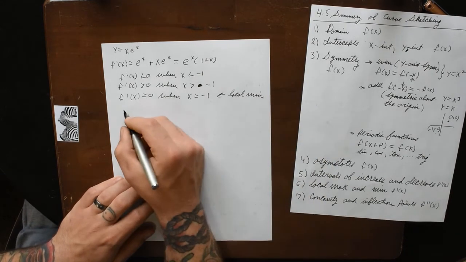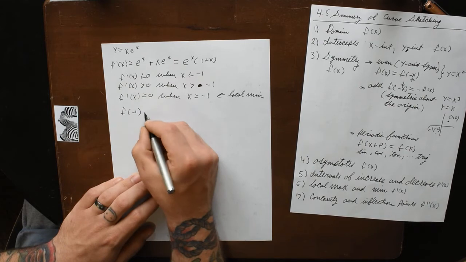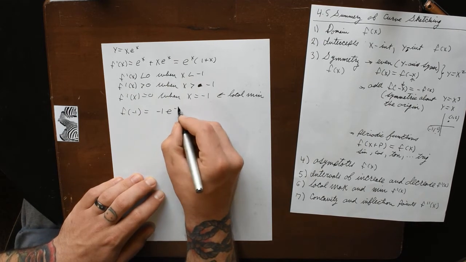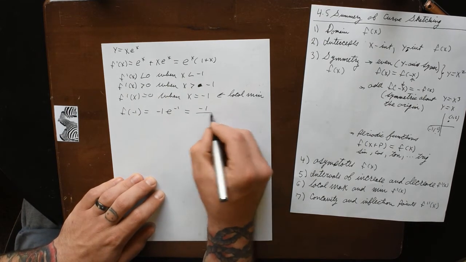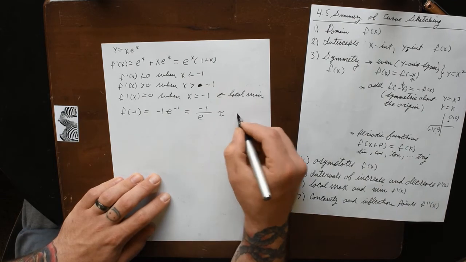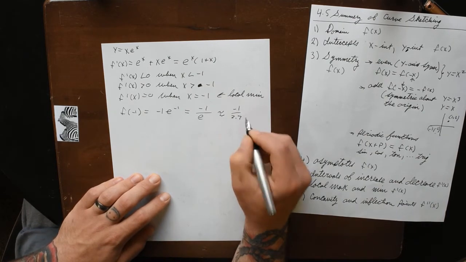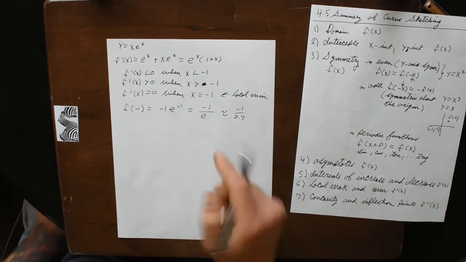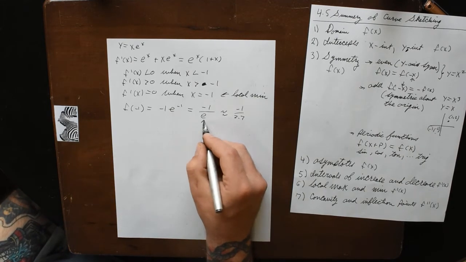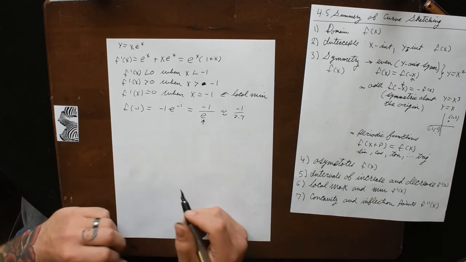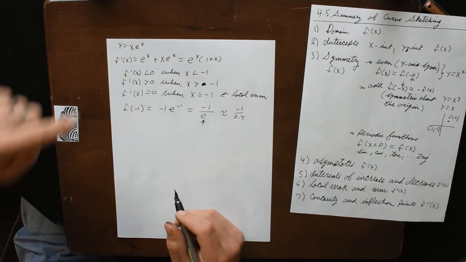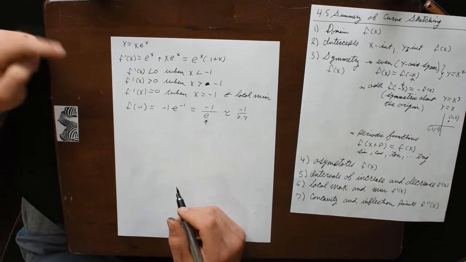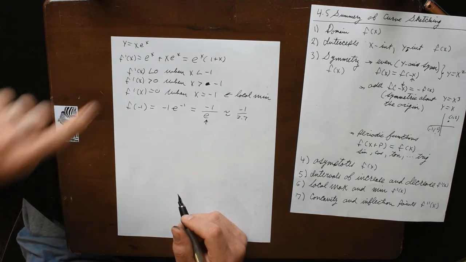And we're going to go through the point f negative 1, which is negative 1 e to the negative 1, which is negative 1 over e, which is like negative 1 over 2.7. I'd plug this into a calculator and have it give you a nice decimal. So that is our intervals of increase, our intervals of decrease, our local max or local min.